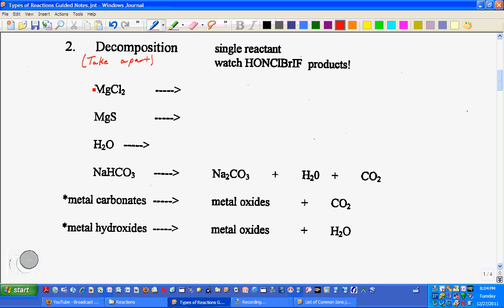We're going to take a single reactant this time, so there's a single thing on the left-hand side of the equation. Single compound, or one compound, on the left-hand side of the arrow.